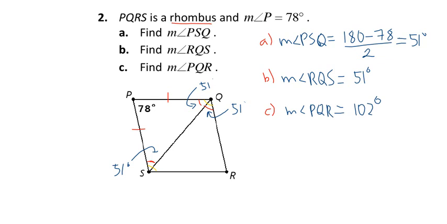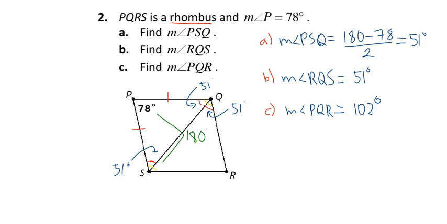But you could have done this in a different way, because you could have considered that this is a parallelogram, and these two angles here add to 180, because any two consecutive angles add to 180 on a parallelogram, and therefore 180 minus 78 would have given you the entire angle, which is marked with yellow.